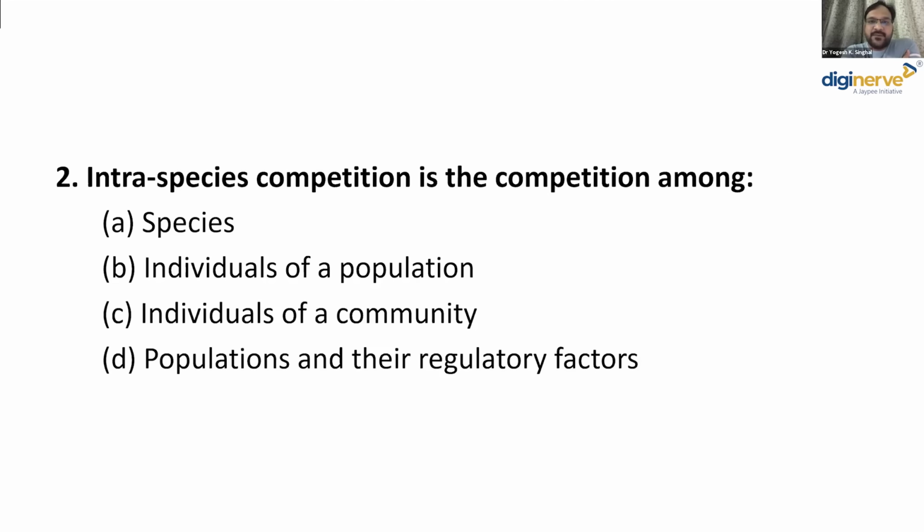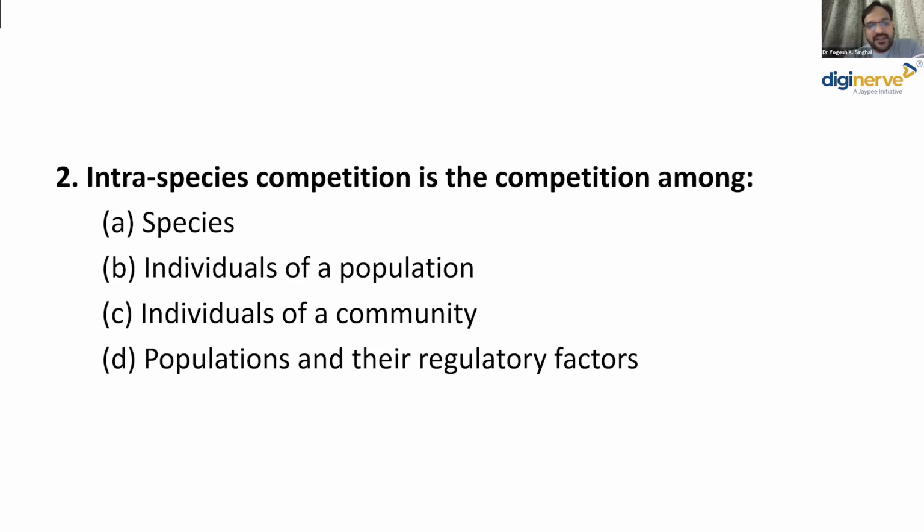Suppose intra-species competition of humans. What will be intra-species competition of the humans? I am an individual of that species. Suppose I am having a competitor with another human, that will be considered as an intra-species competition. So individuals of that species will have competition.